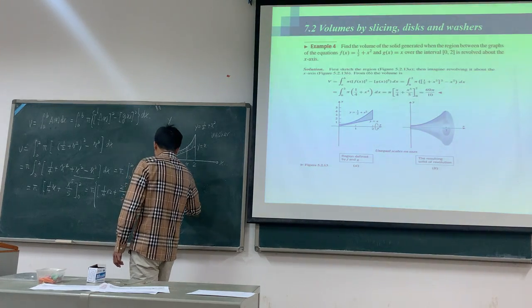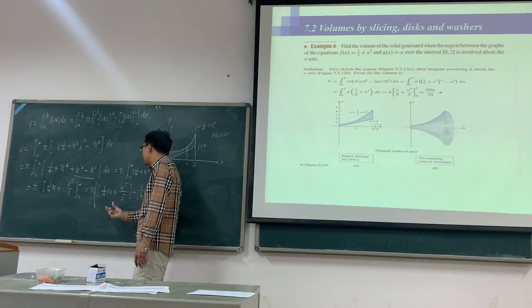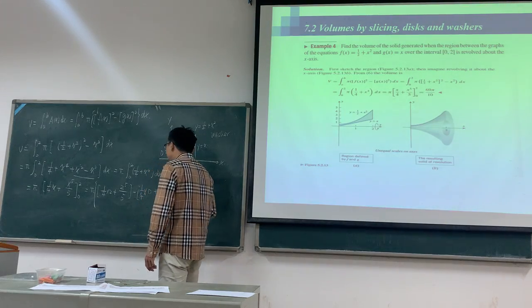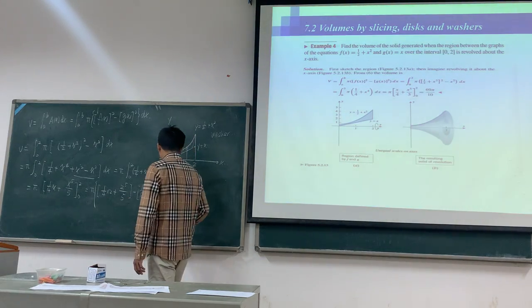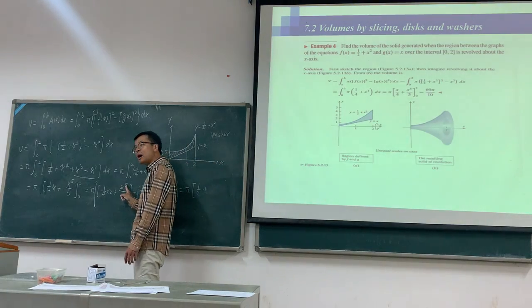This part is 0, so this part is actually equal to pi times (1/2 plus 2 to the 5th power over 5).